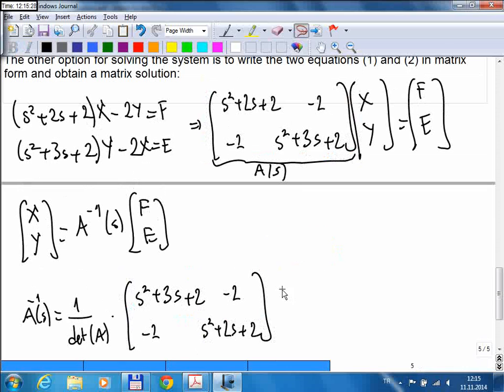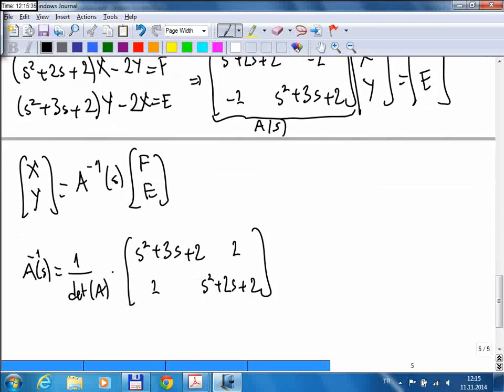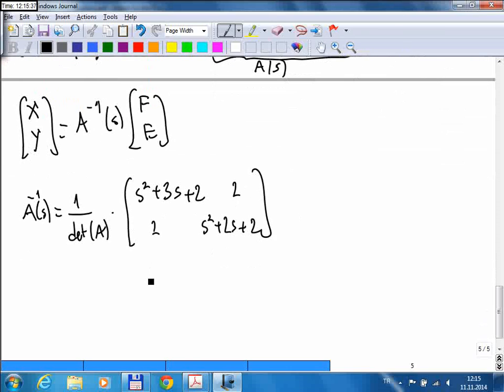And then these two change signs, right? So they both become positive. See? It's easy. The determinant of A, right?